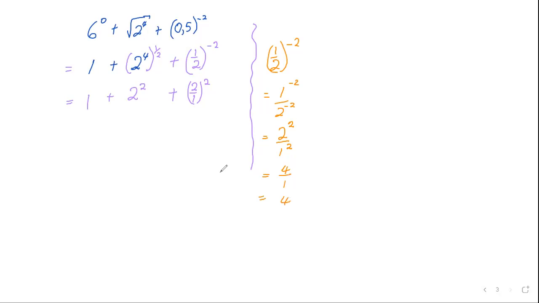Answer here is 4. Which means here we have 1 plus 4 plus 4. That gives you a 9.